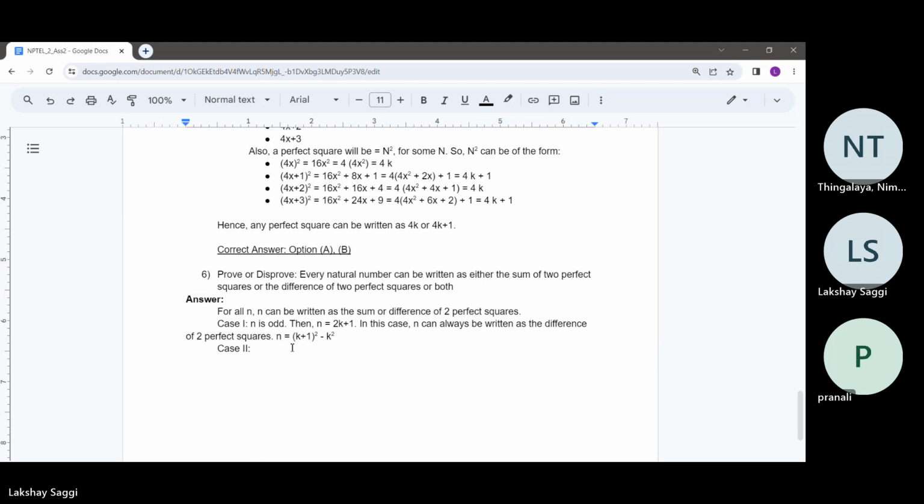Like you can see this, because n is equal to k plus 1 whole square minus k square.